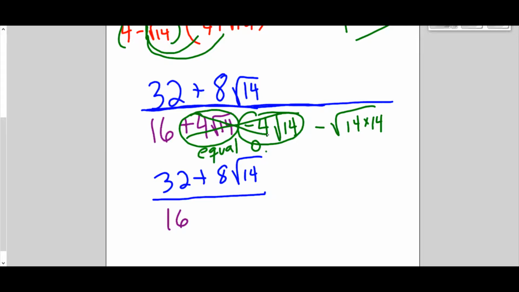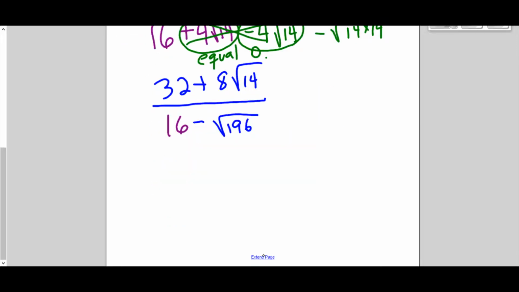And then I have minus the square root of 14 times 14. Well, 14 times 14 is 196, and we know the square root of 196 is a perfect square.